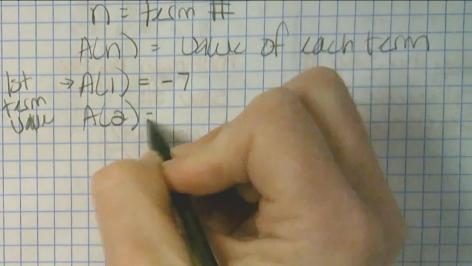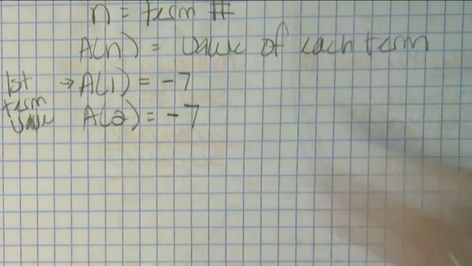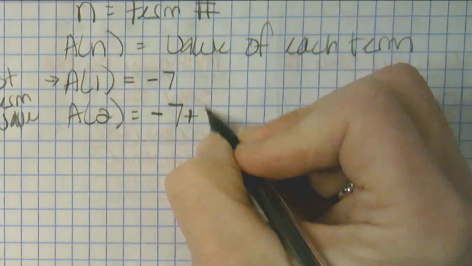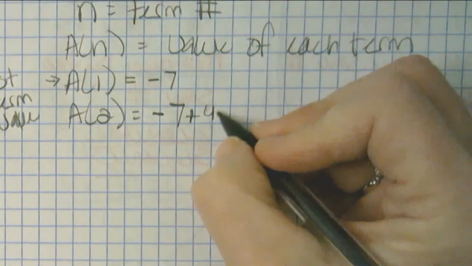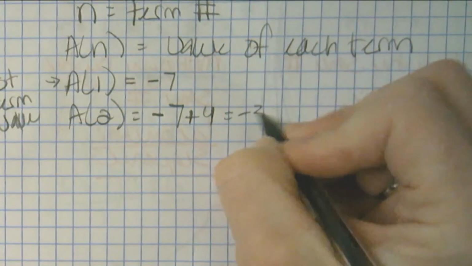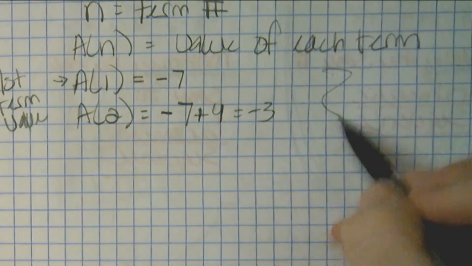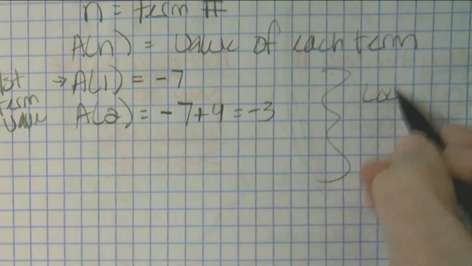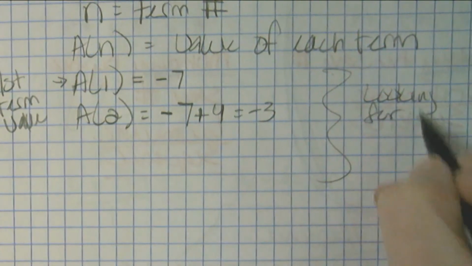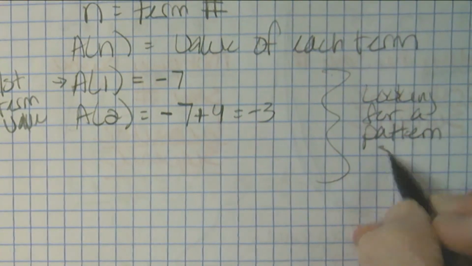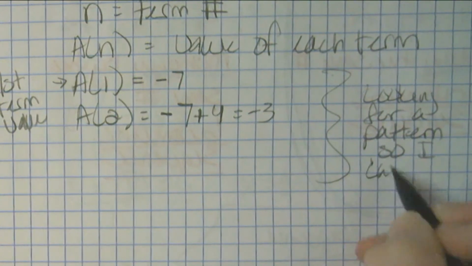So for my second term, what did I do to -7 to get my next term? Chris? I added 4. All right, and that gave me my -3. I'm just looking for my pattern. So here what I'm doing is I'm looking for a pattern so I can write my formula.